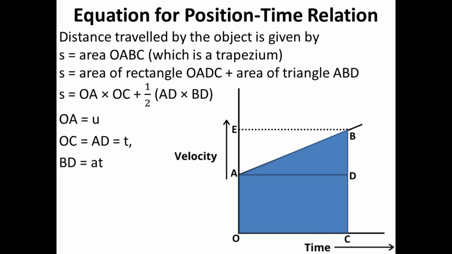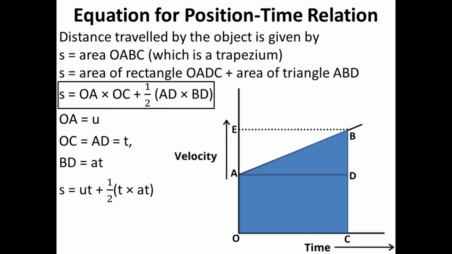Now, substituting the values of OA, OC, AD and BD in this equation, we get S is equal to UT plus half T multiplied by AT. Now, T multiplied by AT will give AT square. Thus, we will get S is equal to UT plus half AT square, which is position time relation.